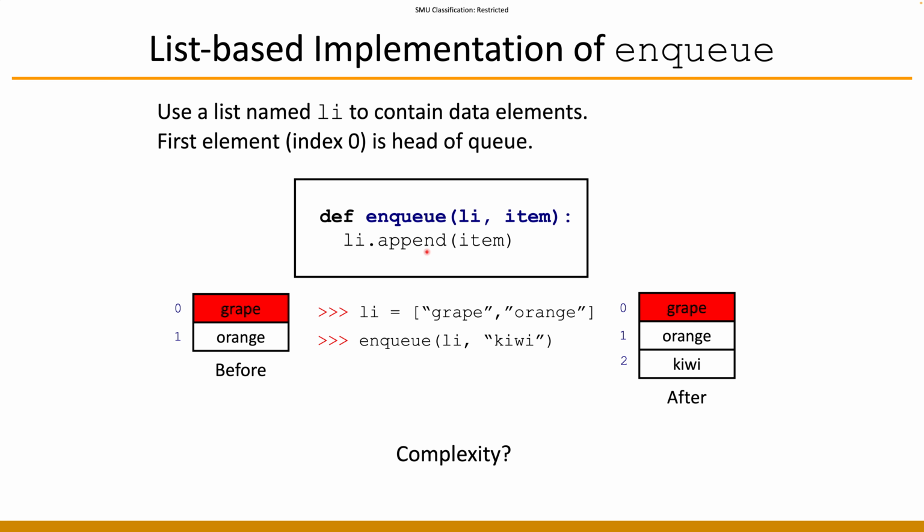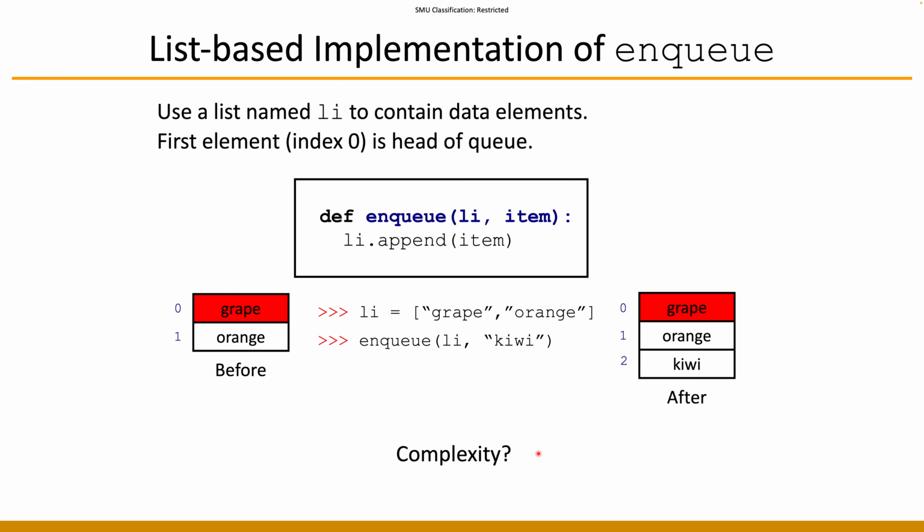Because if you look at it, when we are enqueuing elements, the new element just simply gets inserted at the end of the list. You don't need to do any modification to the existing elements. So this is unlike the previous implementation that we had for the stack, right? In the previous implementation, we actually had to shift the data every time we had a new element being pushed in. But in this case, during the enqueue process, nothing needs to be done, right?